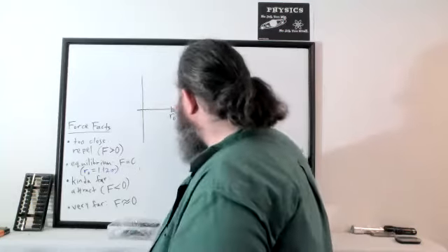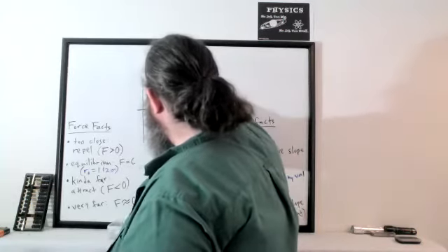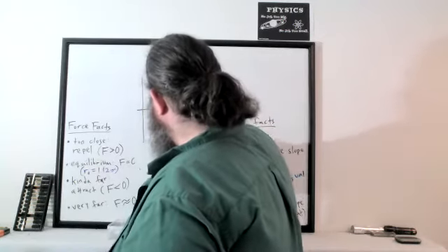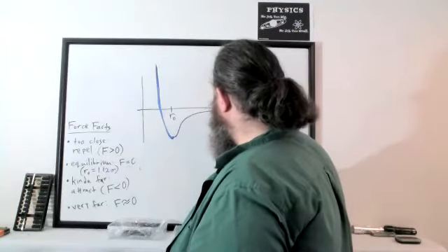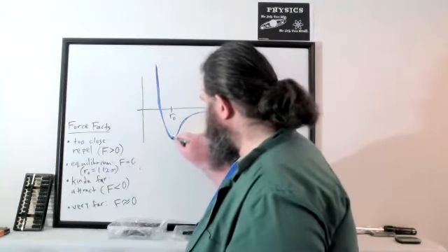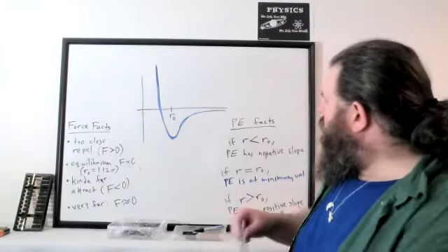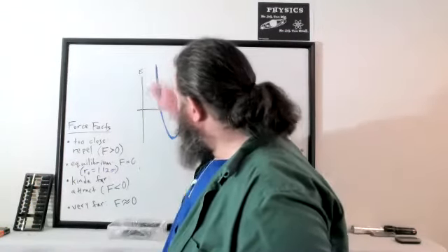So we're going to have some low point here, and a graph that looks like this. And these are the axes of radius and energy.